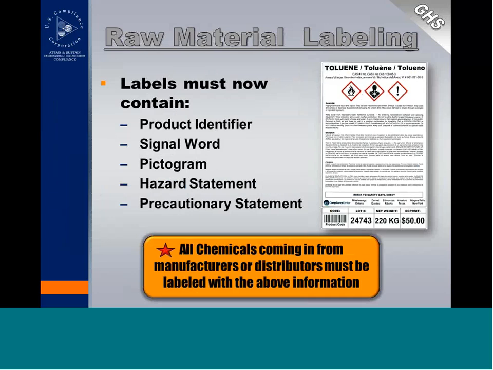There will be pictograms. As you can see, the red boxes at the top of the example label here, which we will go through at the end of this presentation. There is a hazard statement where it says what it can potentially do to you. And then finally, there is a precautionary statement which states what you can do to keep yourself safe while working with that material.